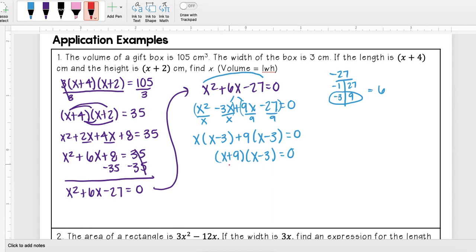And now to actually solve for x, I need to set both of those equal to 0. Oops, that is a minus 3, not plus 3.